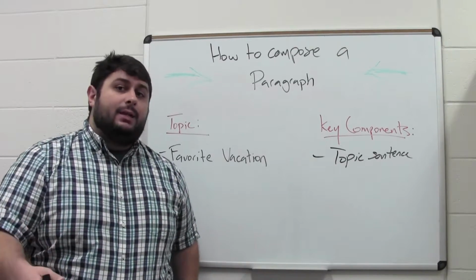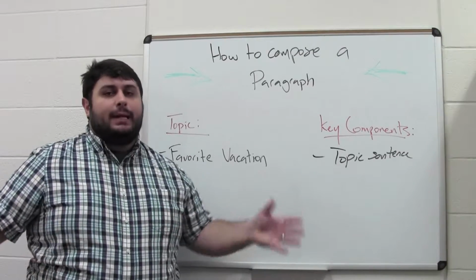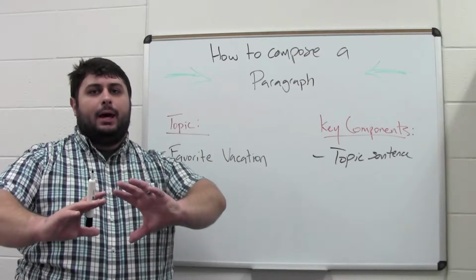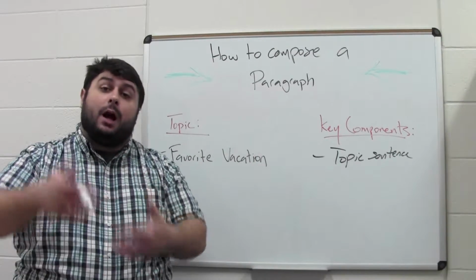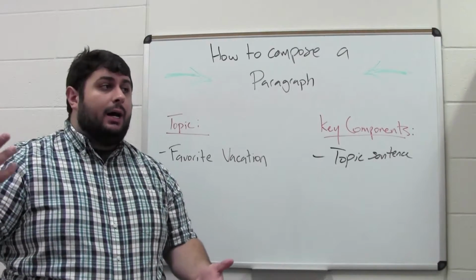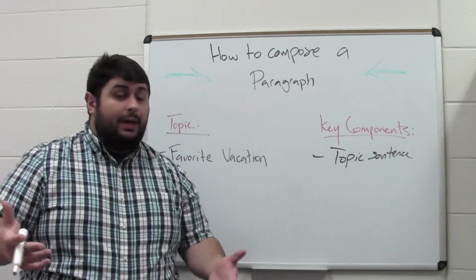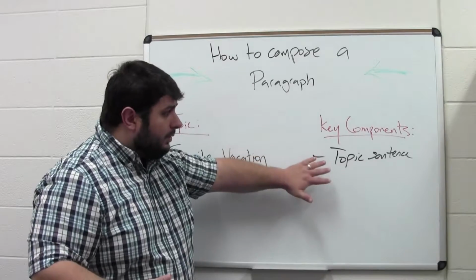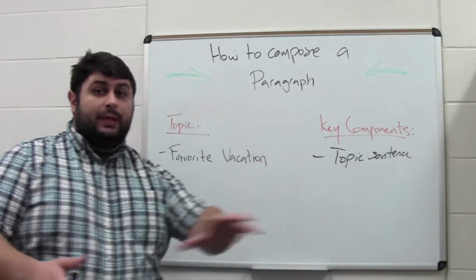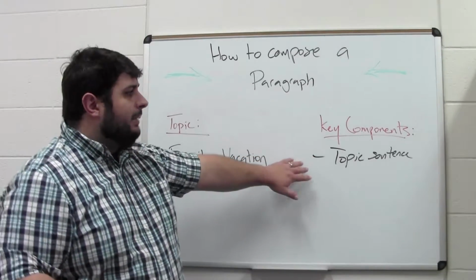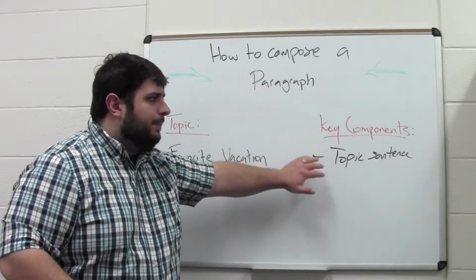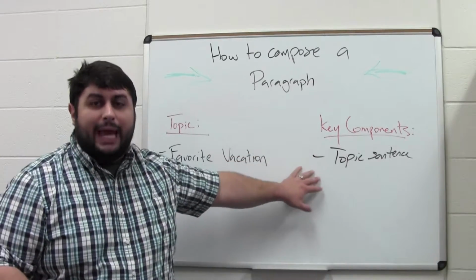So already, depending on what you're writing, you want to narrow down your topic considerably so that you can cover it in the span that you have. Okay, so when it comes to a paragraph, since you only have 5 to 7 sentences, you want to keep your topic sentence pretty specific and pretty narrow, okay?